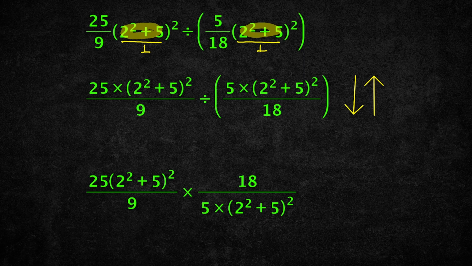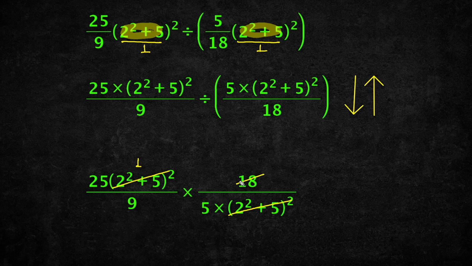Without simplification, it can easily be seen: a value on the top, 2 squared plus 5, everything to the power of 2. This is also the same. Same value divided by same value, they get cancelled, or it's 1.